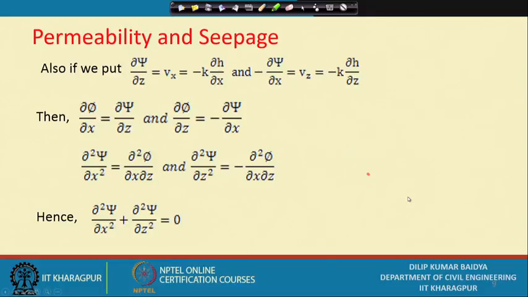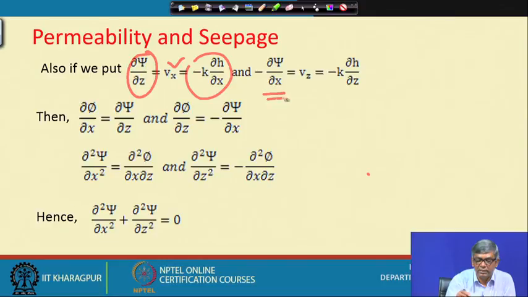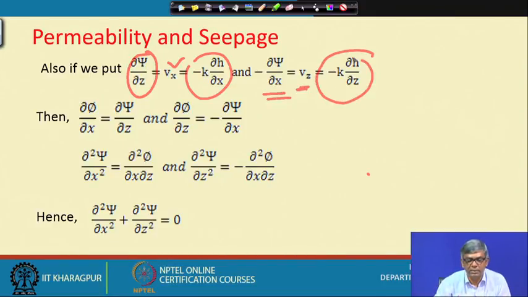Now, similarly, the psi function also we can take: del psi by del z equal to V x, which will be equal to minus k del h by del x from Darcy's law, and minus del psi by del x equal to V z, and that will be minus k del h by del z.